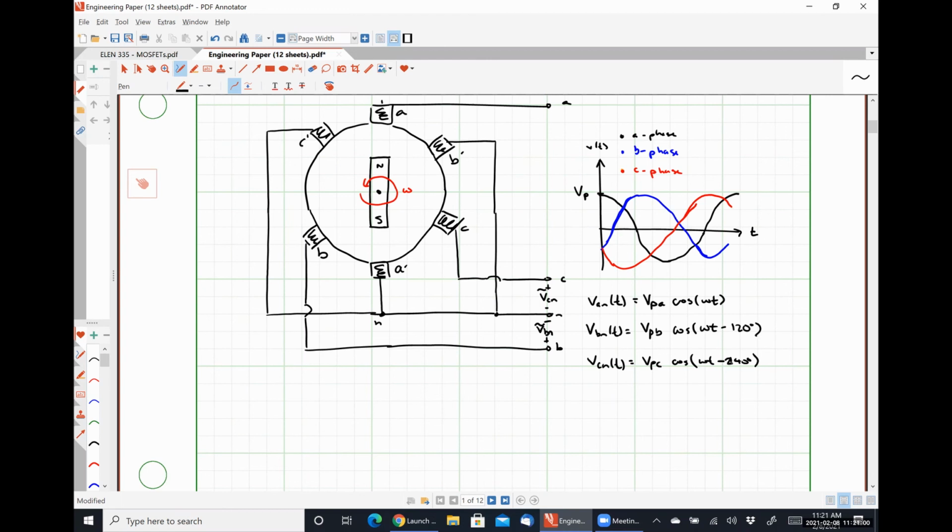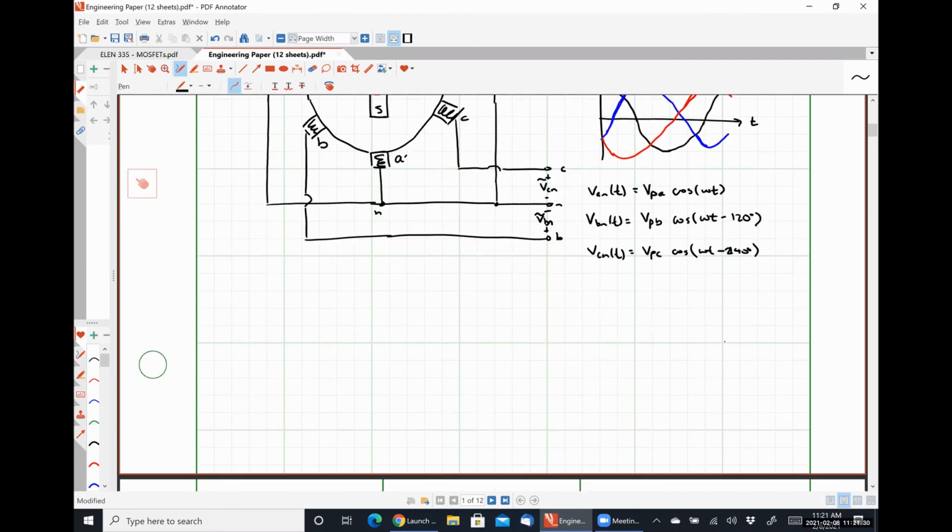All right, so this is what's called a positive phase sequence. Specifically, when phase B lags phase A by 120 degrees and phase C lags phase B by 120 degrees, that is a positive phase sequence. If we were to spin our magnet in the opposite direction, we would have a negative phase sequence.